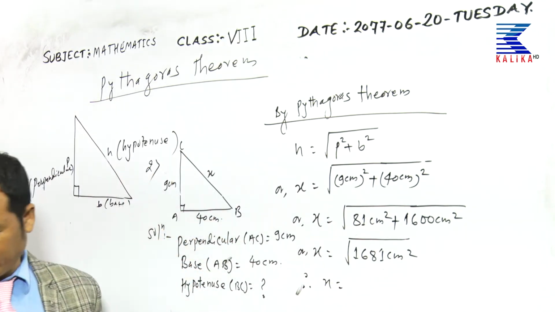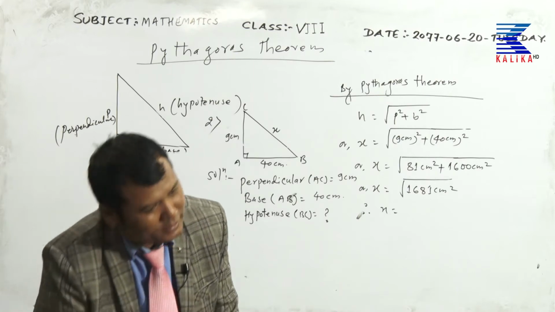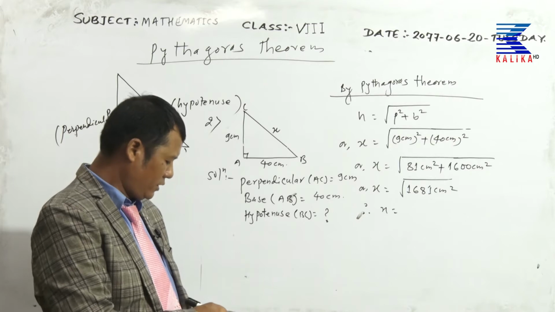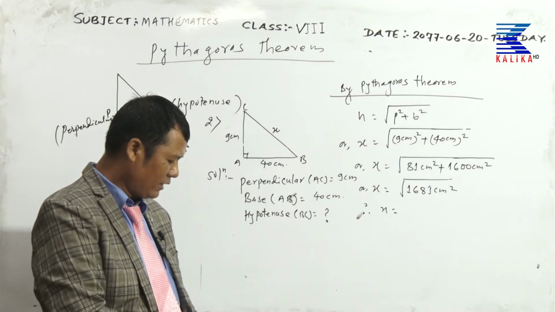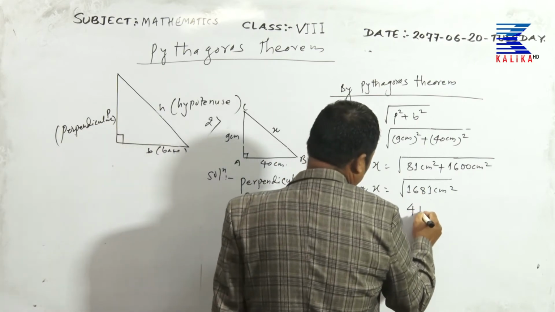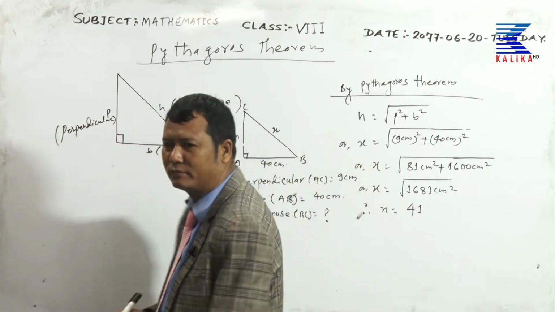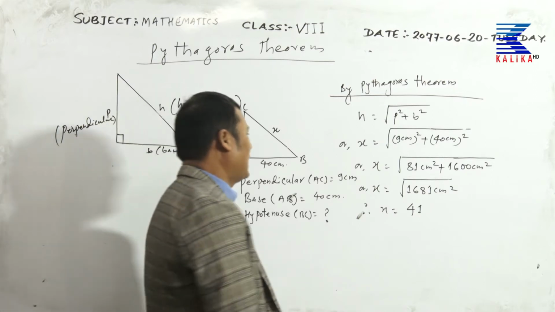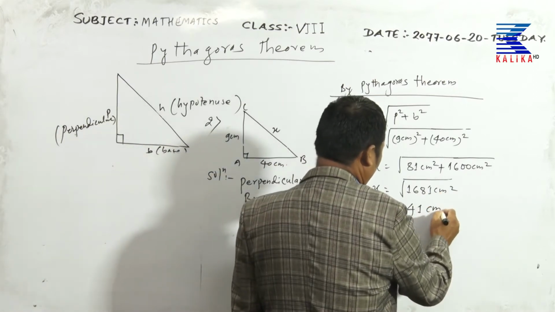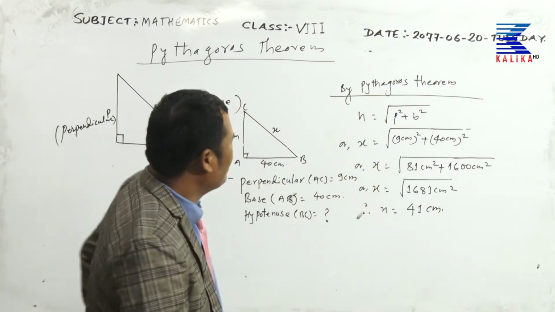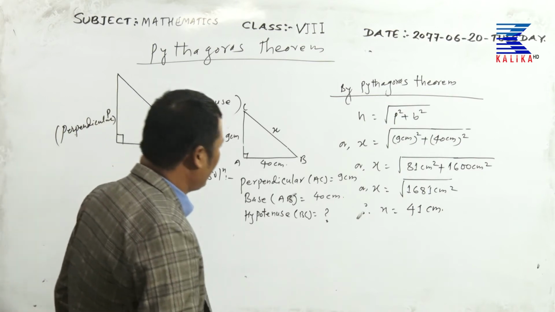Root 1681, please use the calculator, my dear students. Root 1681 is 41. So, 41 cm.